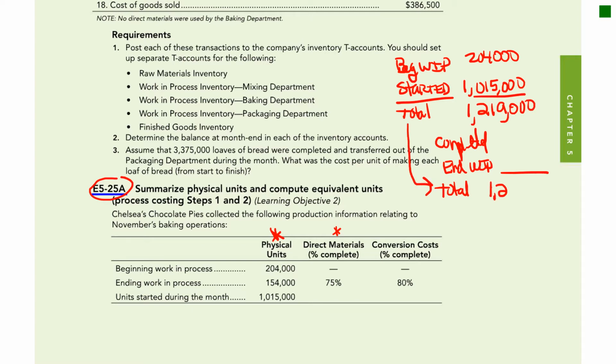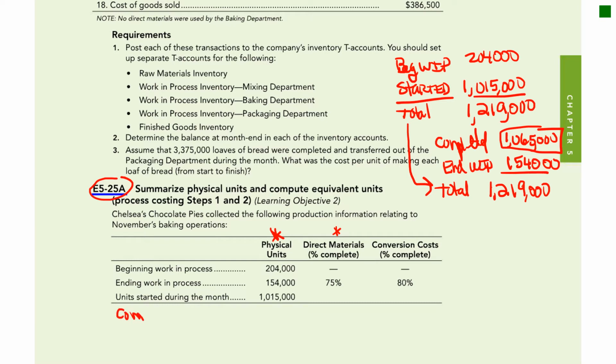I can copy this number there. So we're going to put 1,219,000 there. We know that ending work in process is 154,000 units. Your plug number is going to be completed and transferred out. You just have to subtract. So that's going to give you 1,065,000 units completed and transferred out. Now I'm getting low on space here, so I'm going to drag this down here.